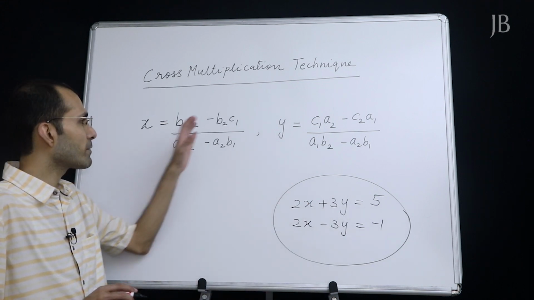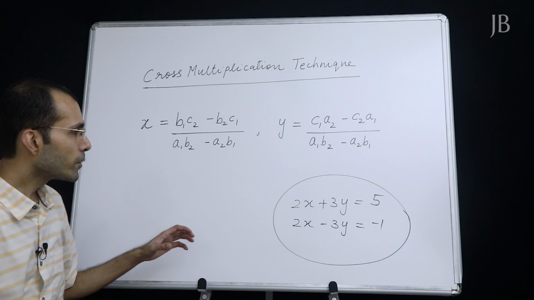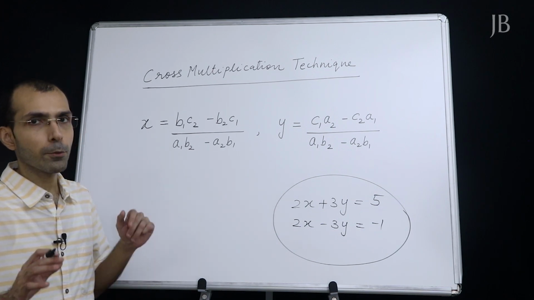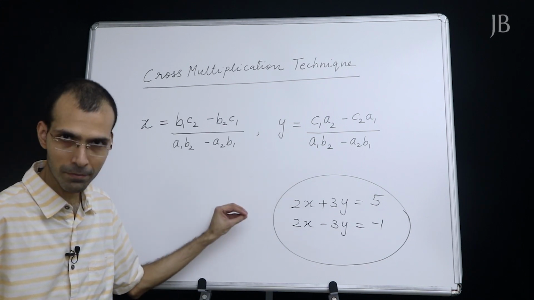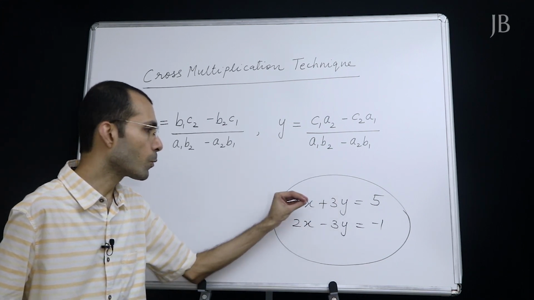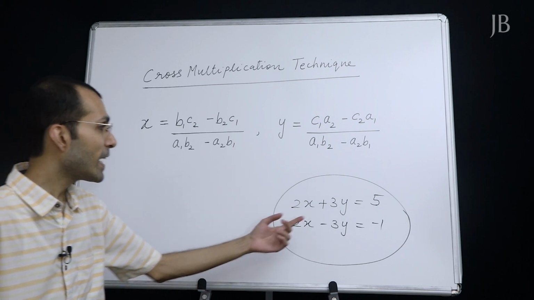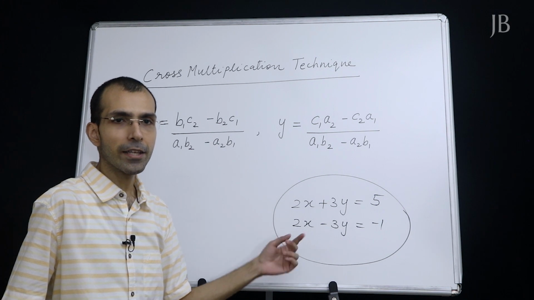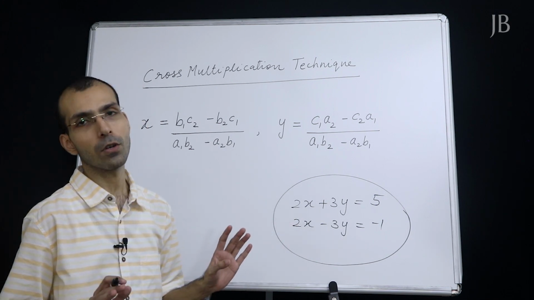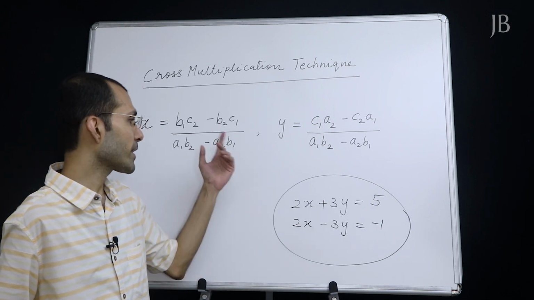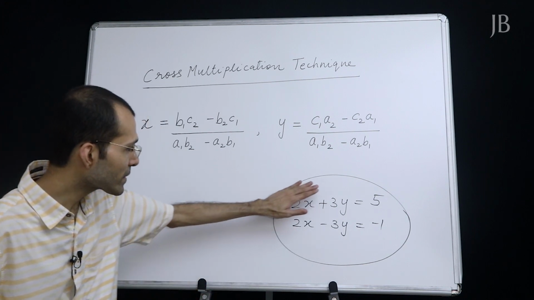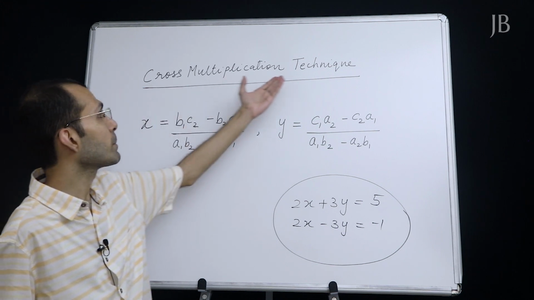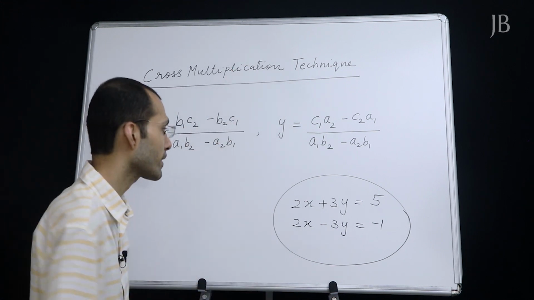Now though this method is very easy, but you have to set the equation in a proper form. In a proper form means first the x term, then the y term, the second root, and these constants also should come on the left hand side. And your right hand side should be kept 0 compulsorily. Otherwise this technique will not work. So let's first arrange these equations as per the demand of the cross multiplication technique.